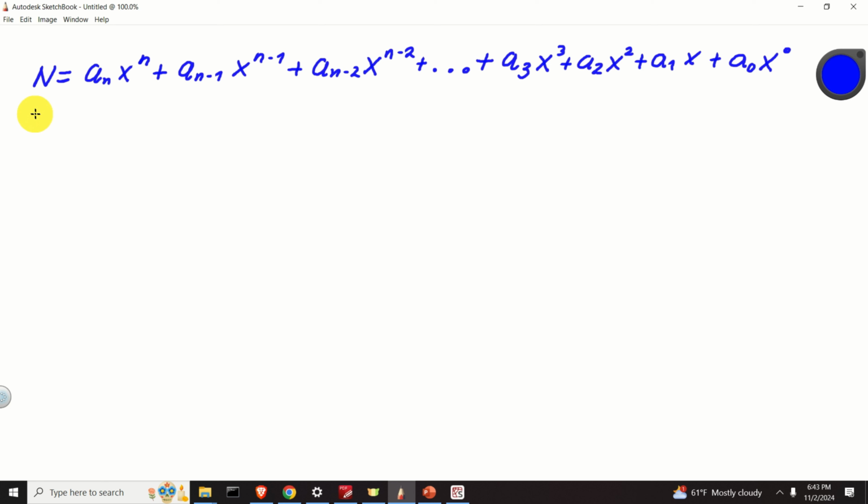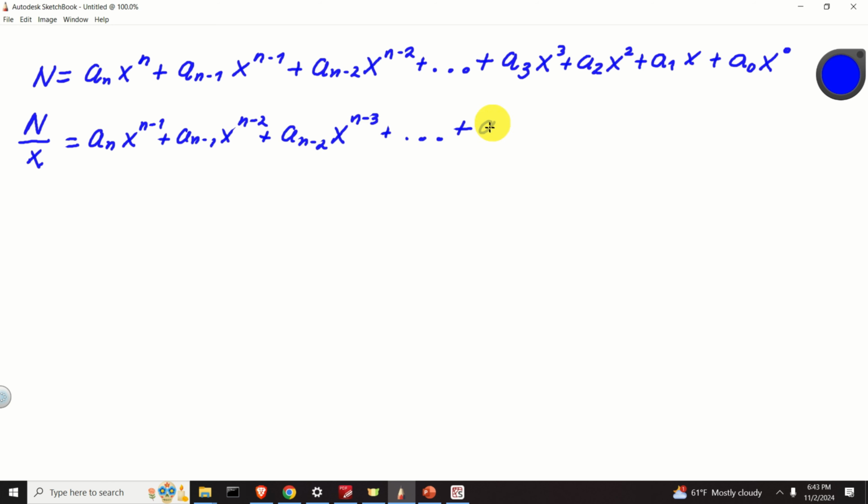Now, if I divide n by x, on the right-hand side, I will have an x to the power n minus 1 plus an minus 1 x to the power n minus 2, and then I will have an minus 2 x to the power n minus 3. Then over here, I will have a3 x to the power 2 plus a2 x plus a1, and over here I will have this expression a0 divided by x.